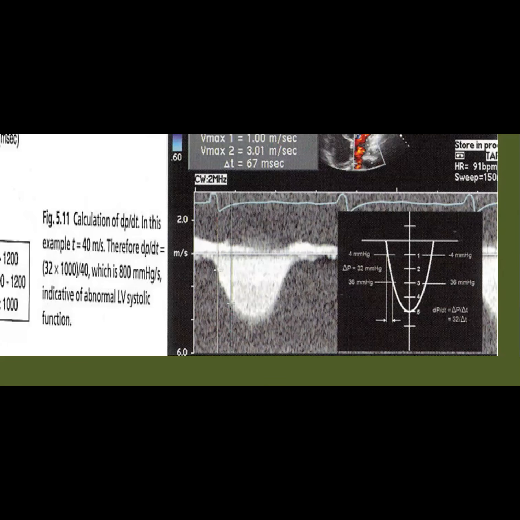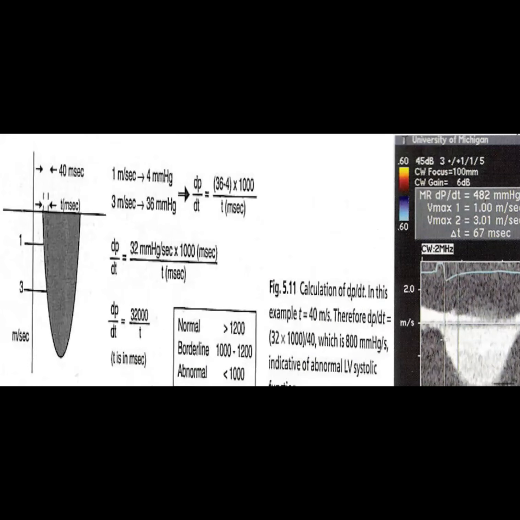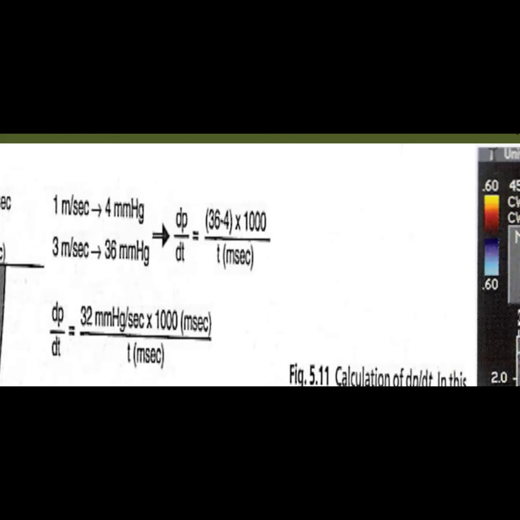So I want to check the time the LV takes to change pressure from 4 to 36, meaning a change of 32, the delta pressure 32, which is the subtraction of the two. So that's the equation here. dP over dt is 32 over the time.